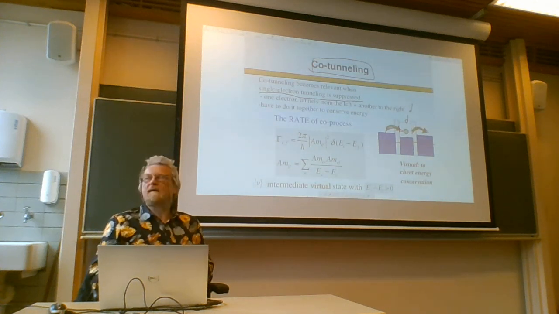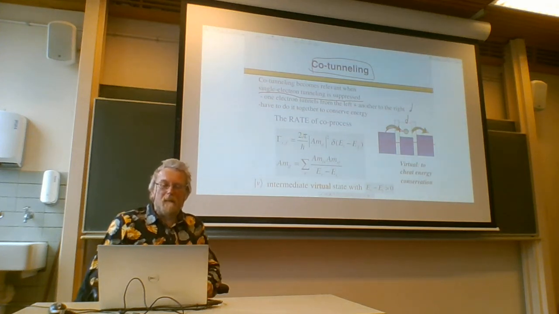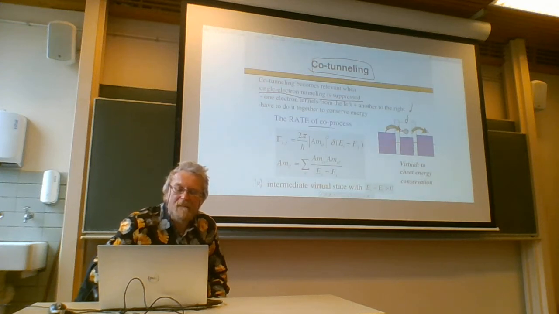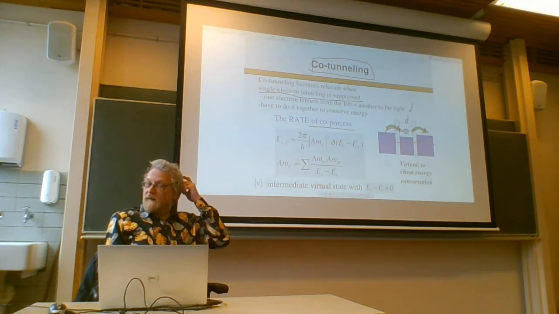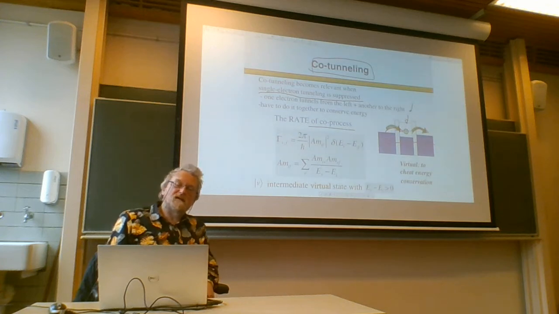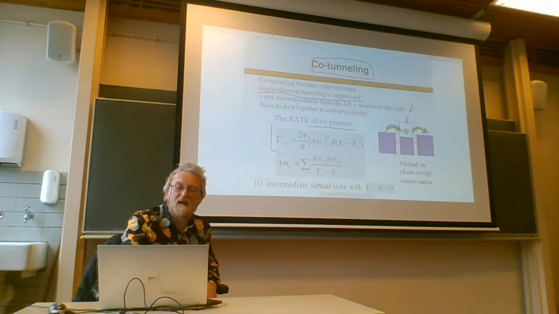This is one example of what in quantum physics are called compound processes. In this case, if we want to calculate the rate of this process, we can use the usual Fermi rule expression.